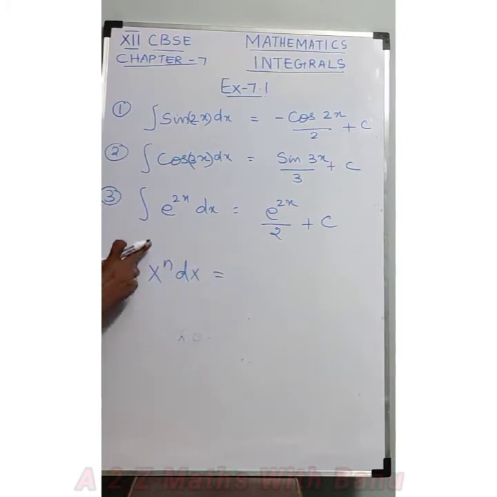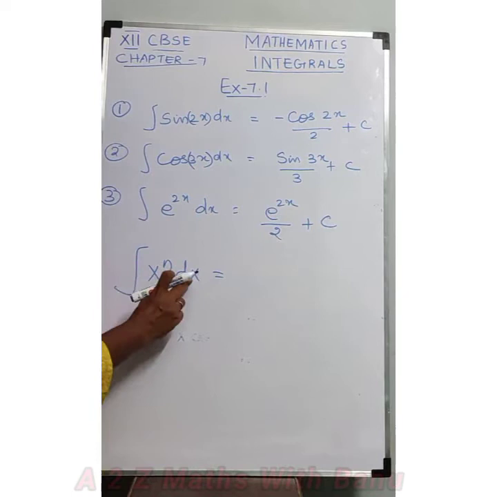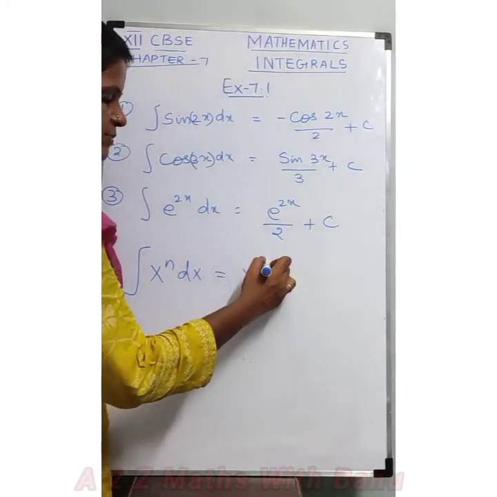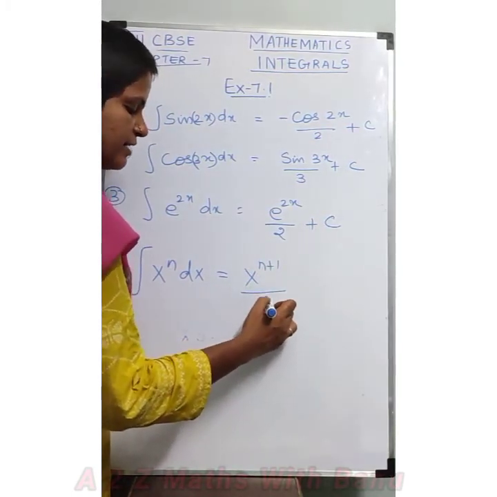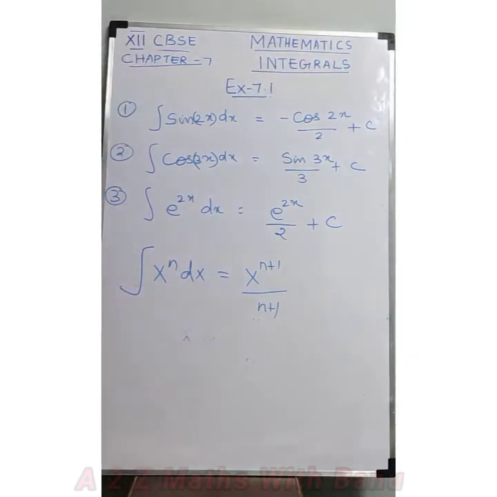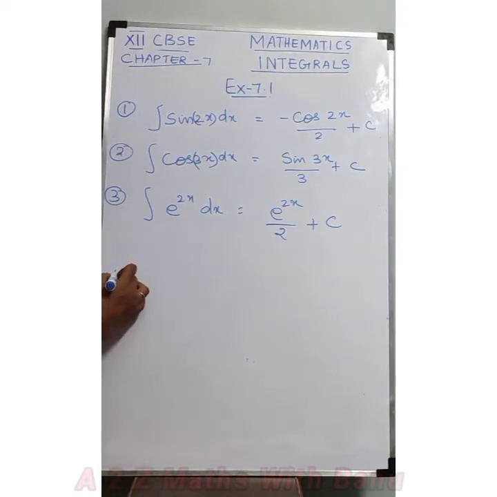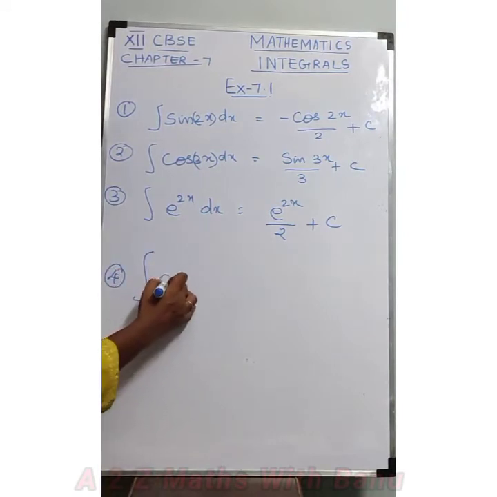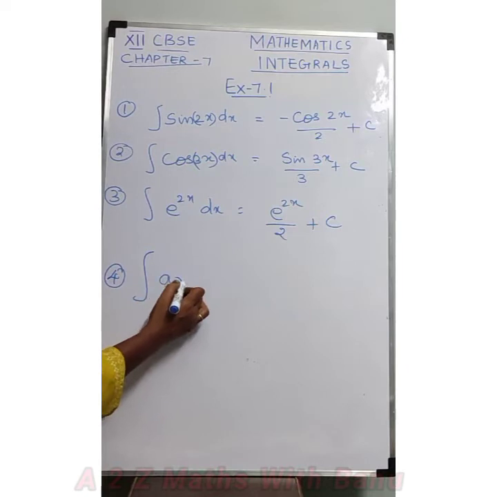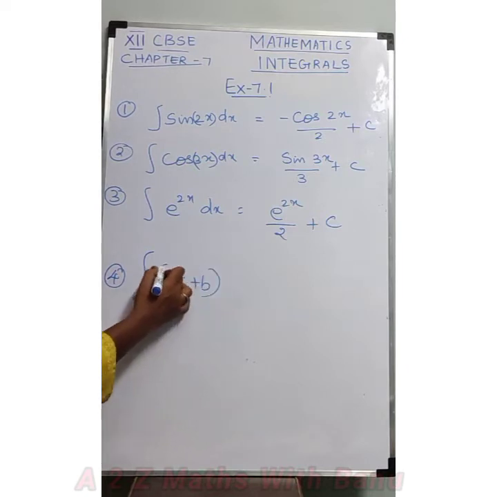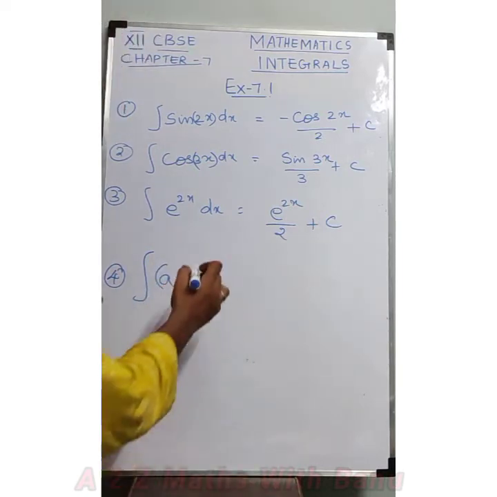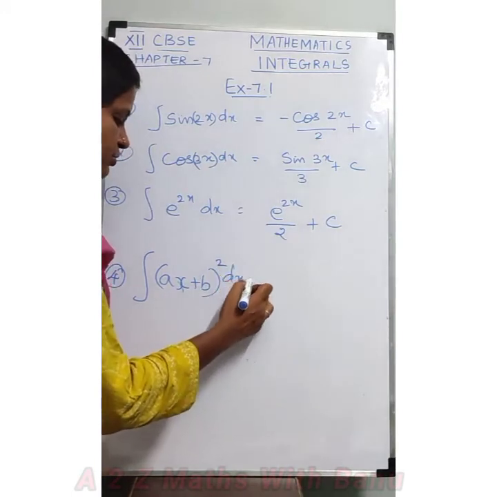Then you know one of the formulae: the integration of x power n dx is x power n plus 1 by n plus 1. So using this formula, we integrate the next problem. That is the fourth problem, which is the integral of ax plus b the whole square with respect to x.